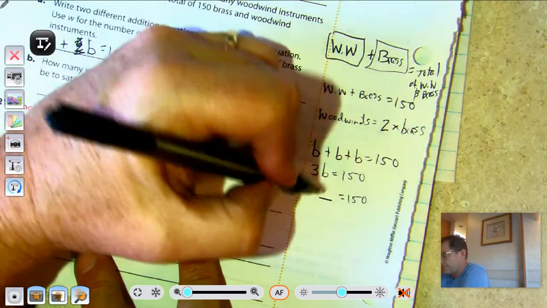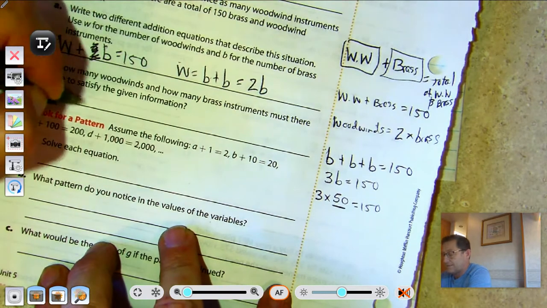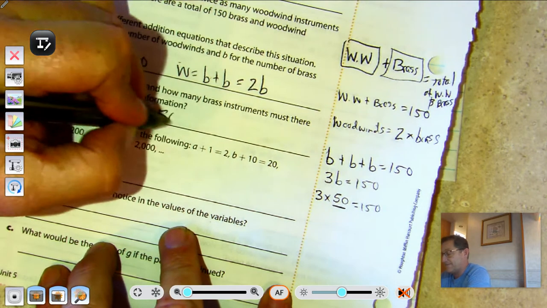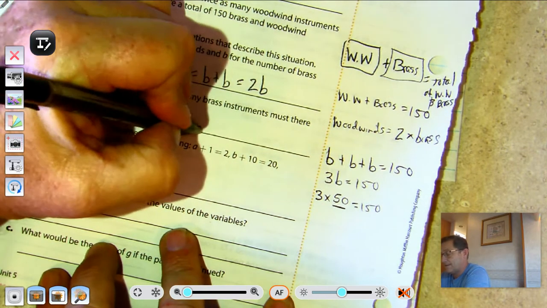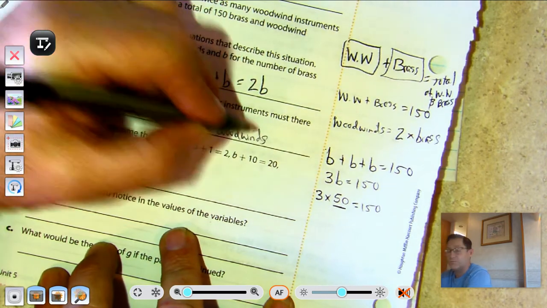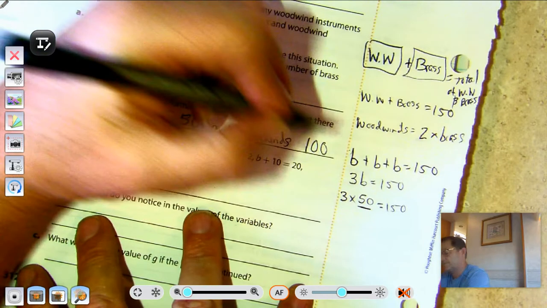Well, 3 times 50, right? So the brass has to be 50, and woodwinds would be twice as much. So what's twice 50? 100.